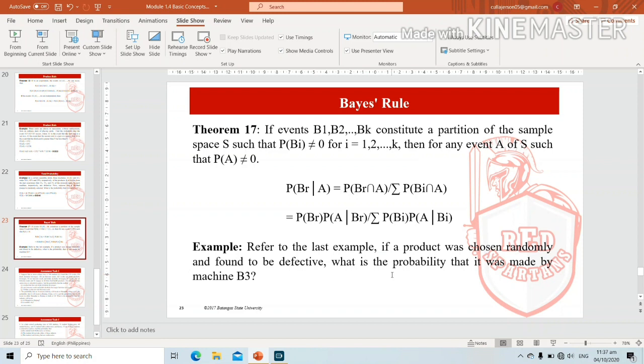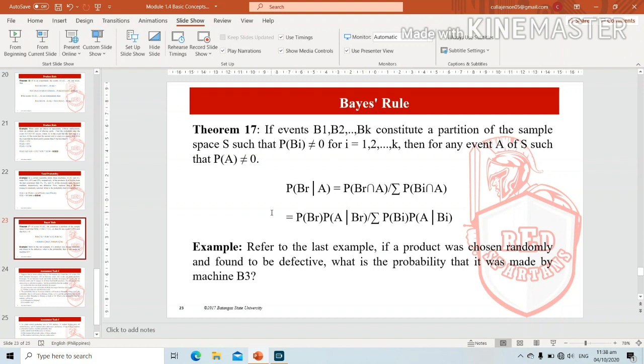So, proceed tayo dito sa last theorem for module 1.3 and 1.4, yung ating basic concept of probability. If events B sub 1, B sub 2 up to B sub k constitute a partition of sample space S. Itong theorem 17, tinatawag siyang Bayes' rule.